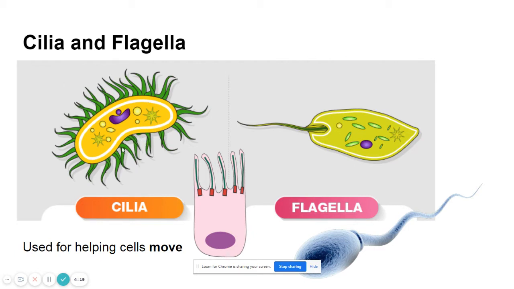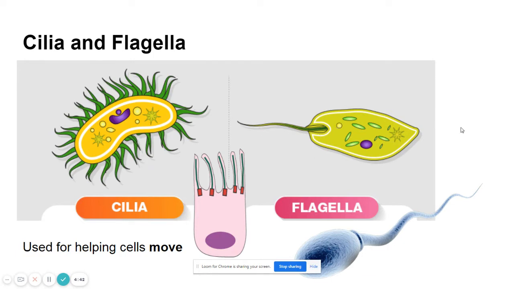But for other types of cells, the cilia is constantly moving, and in doing so, it traps and moves dust, mucus, and bacteria. So it plays a great role in making sure that our respiratory tract is nice and clean and free from any dirt, bacteria, and other foreign particles.